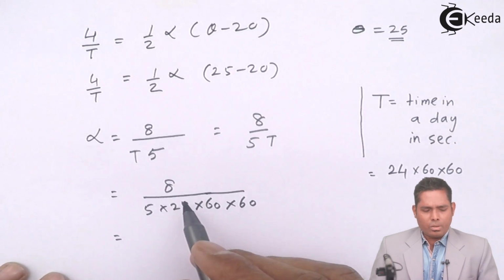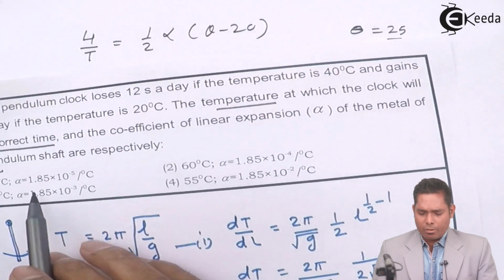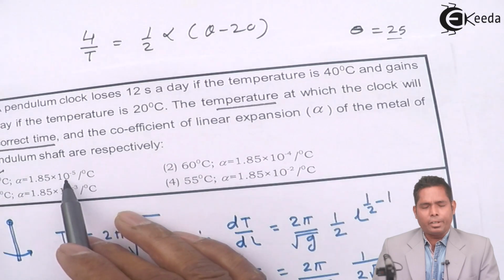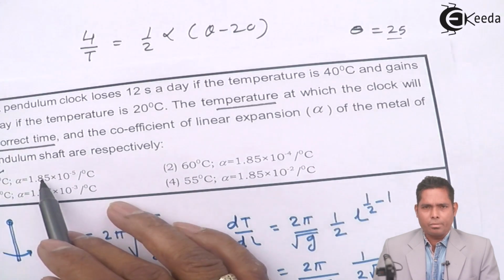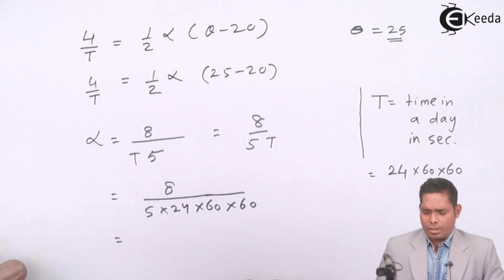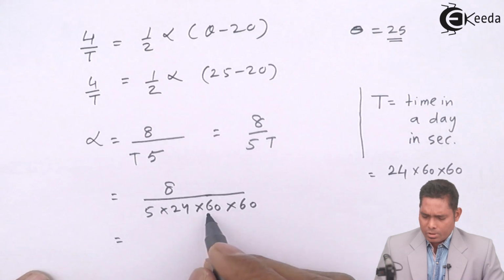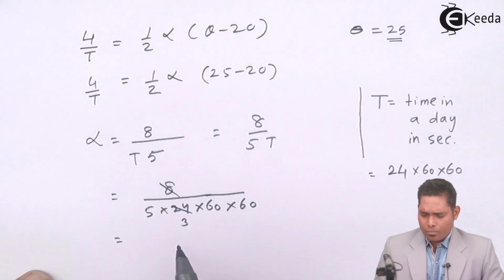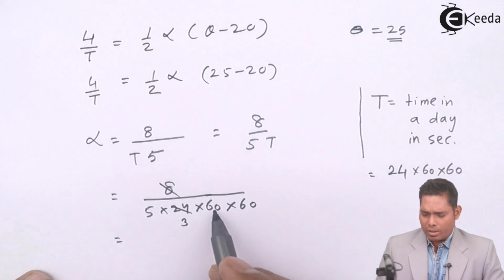Because I've already got the initial values, everywhere it is the same, that is 1.85 and 10 raised to 7. So I have to check this order. So the number must be 1.85, and I don't have to calculate for that because it's given. So I'll write this 60, this is 24. 8 3s are 24. So this is 5, this is 60, the 300, 3600.